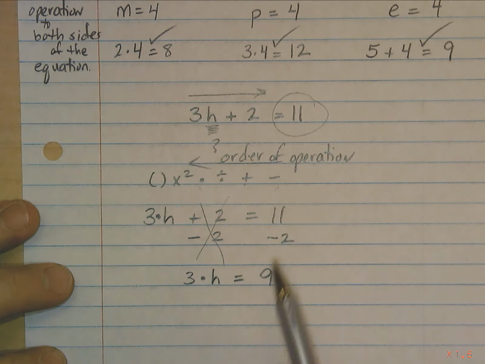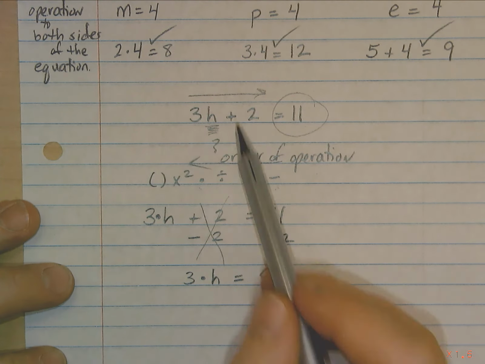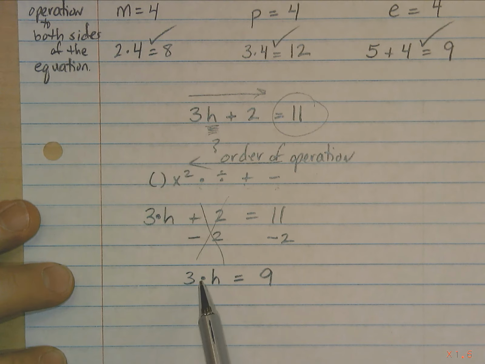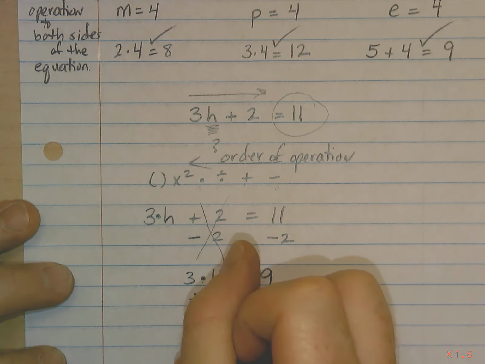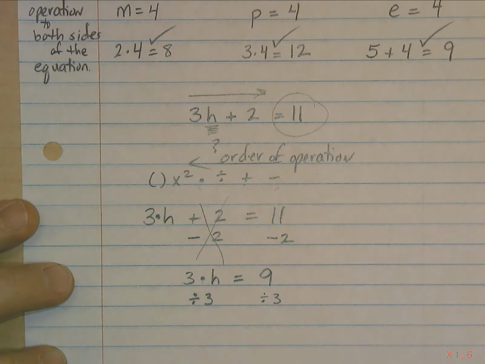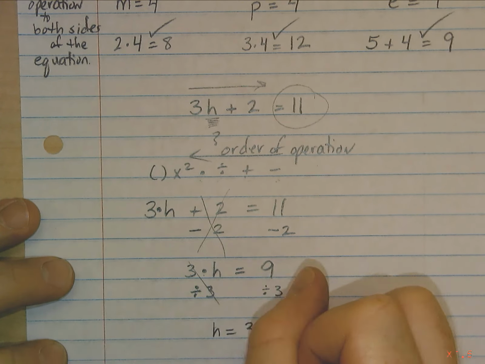Then the next step, since you've added or subtracted to get rid of the plus 2, now we're going to multiply or divide to get rid of this 3. What is the opposite of multiplying by 3? Dividing by 3. So we divide this side by 3, and then we divide the other side by 3. When you do that, this cancels out, and all you have left is h equals 3.